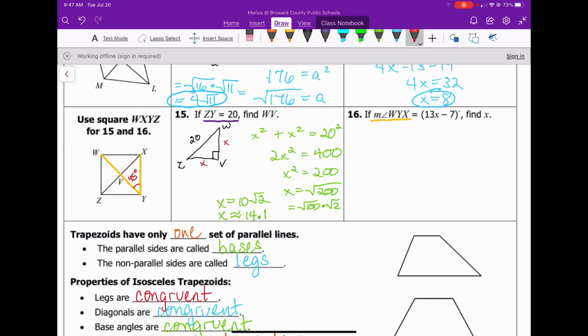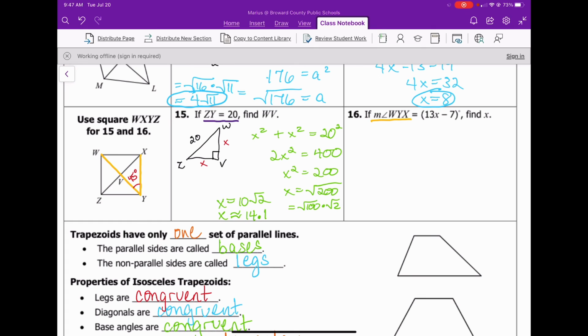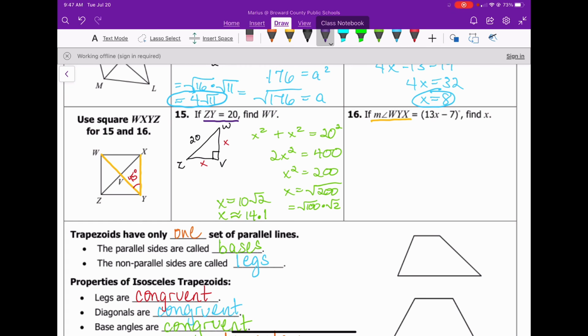Even if they don't tell us, that's already understood, because this purple line that I'm highlighting here, that diagonal, bisects the 90-degree angle. All four corners are 90 degrees. So half of 90 is 45. So that's why WYX is 45 degrees, right?